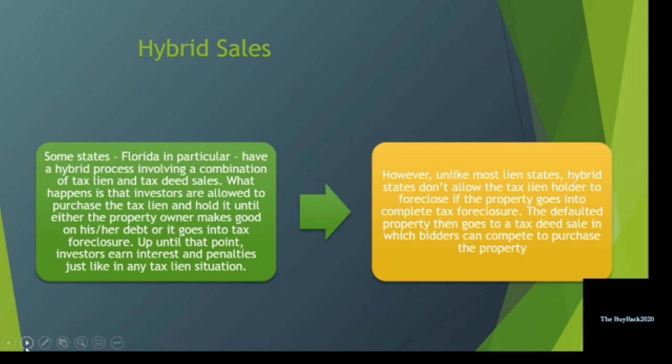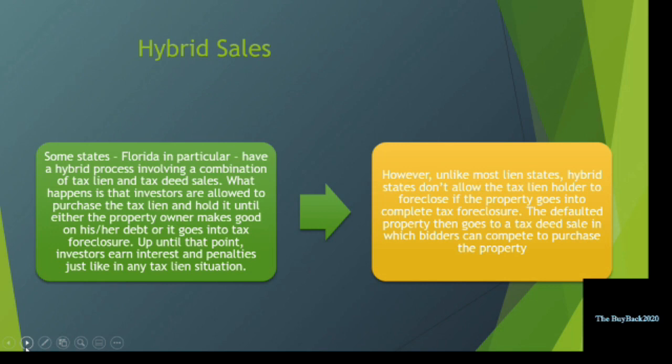Hybrid sales. Some states, such as Florida, which is one of the advanced ones, allow investors to purchase the tax lien and hold it until either the property owner makes good on his or her debt or it goes into tax foreclosure.